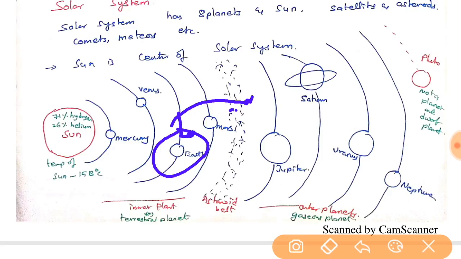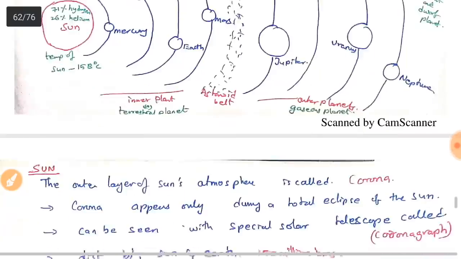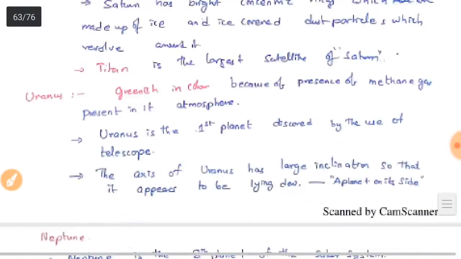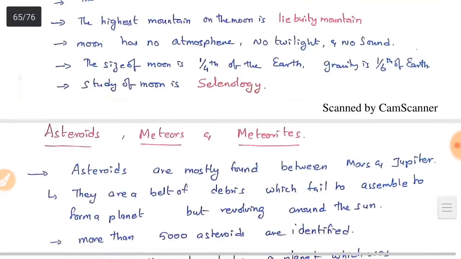If this meteor is big enough to reach the earth's surface, even though it is burning, it is called a meteorite. Most meteors will burn up in the earth's atmosphere itself. If it reaches the earth's surface, it is called a meteorite, friends.